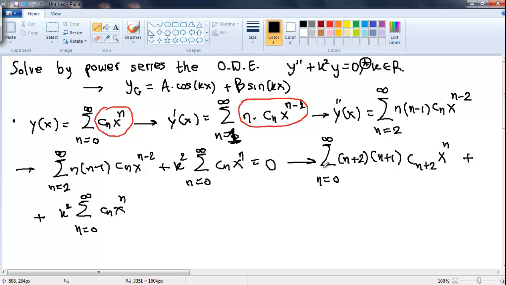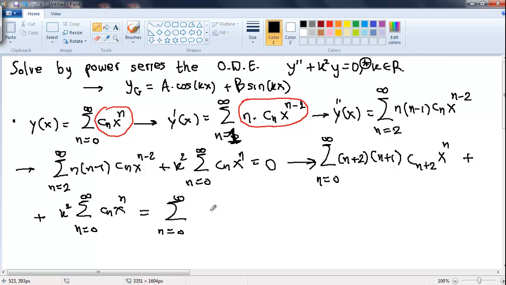Now what happened here is that since this index starts from 2 and I want these to start from 0, I lower the index 2 units and I increase n by 2 units. So in the place of n I have n+2, in the place of n-1 I have n+1, in the place of n I have n+2, and now I can collect all the expressions into one.